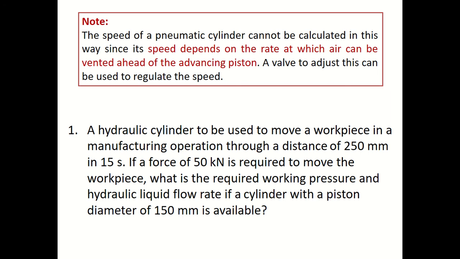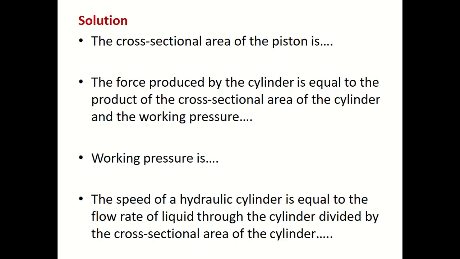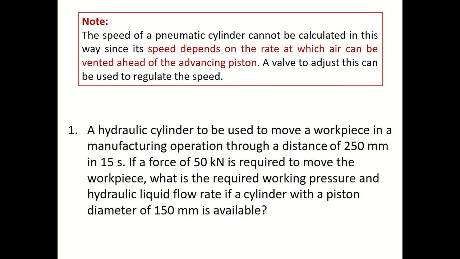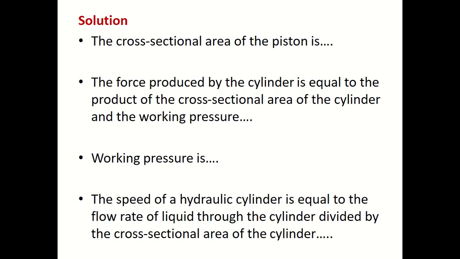We have the diameter of the piston given. Look at the solution. You have the cross-sectional area of the piston, which is pi d square by 4. The diameter is 150 mm, so 0.15 meter. So pi into 0.15 square by 4 gives the cross-sectional area.